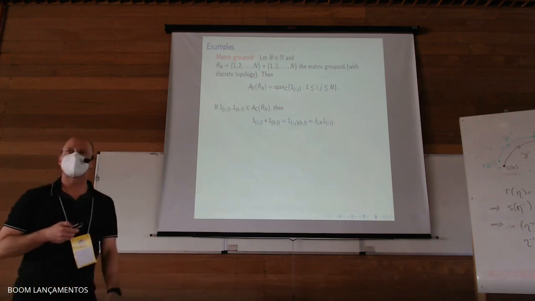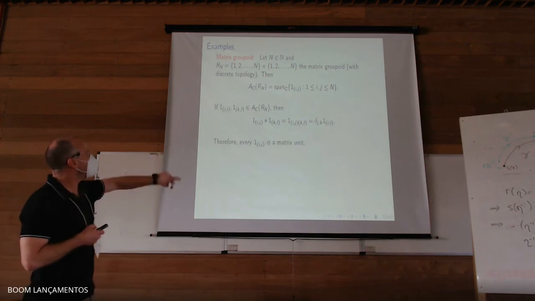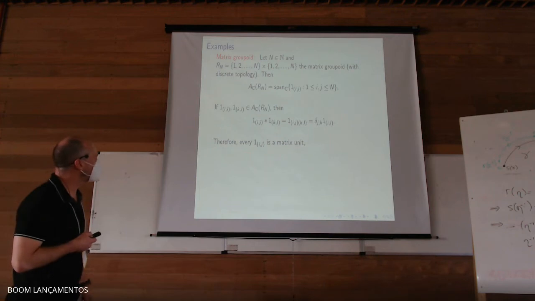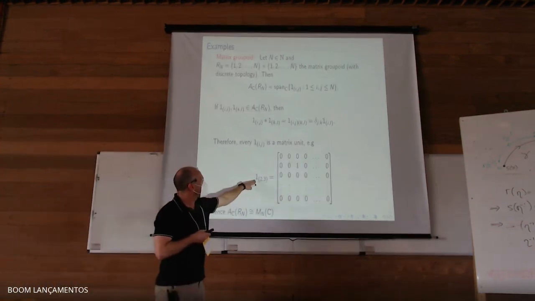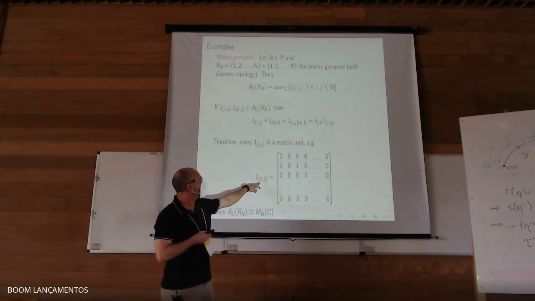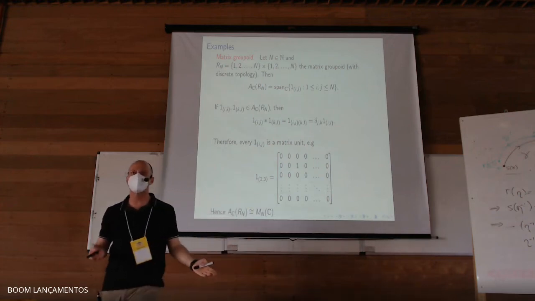And what does this tell us? Well, this tells us that these are actually matrix units. So, in particular, as an example, this element can be represented as the matrix that has a 1 in the second row and third column and zeros elsewhere.